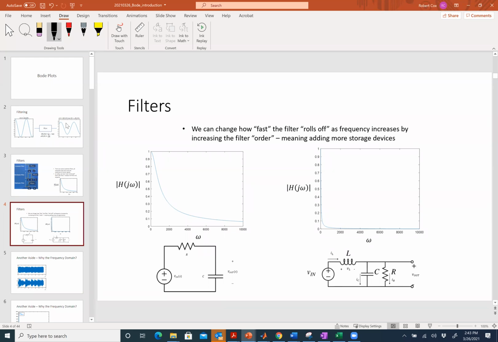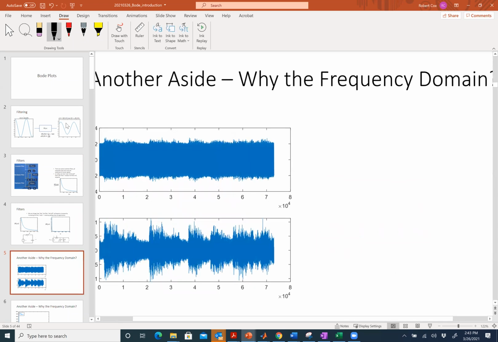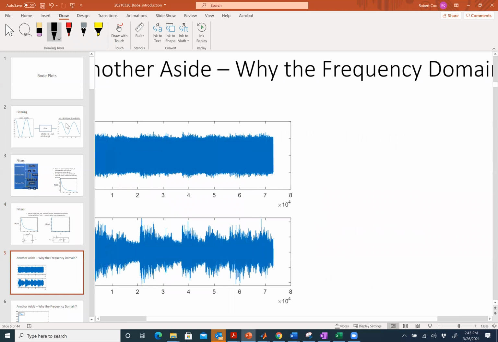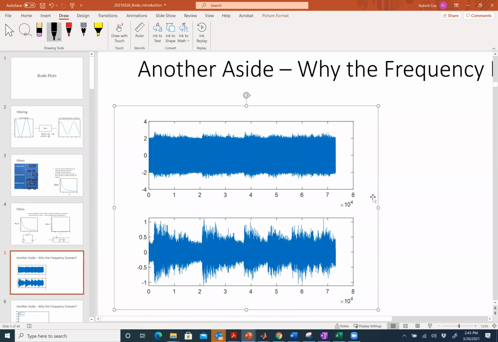So I wanted to try to motivate this a little bit. Again, I like the real world ideas here. So these are two audio signals that I have plotted in MATLAB here. They are two different audio signals.